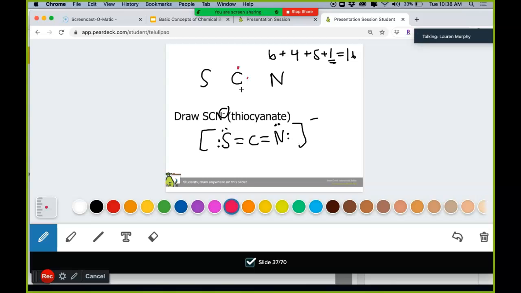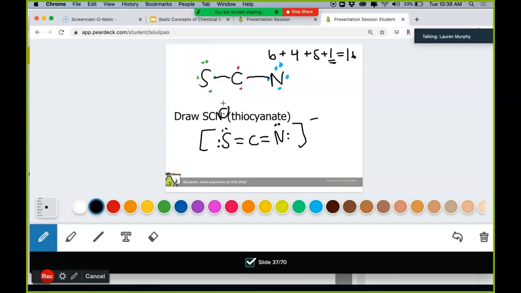So okay, carbon has 4, it can contribute. Sulfur has 6. Nitrogen has 5. Okay, and now we bond everything one time at least.